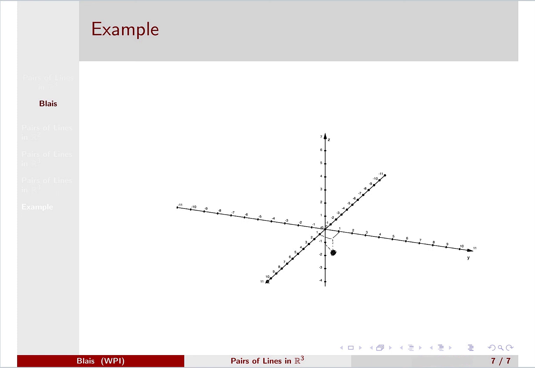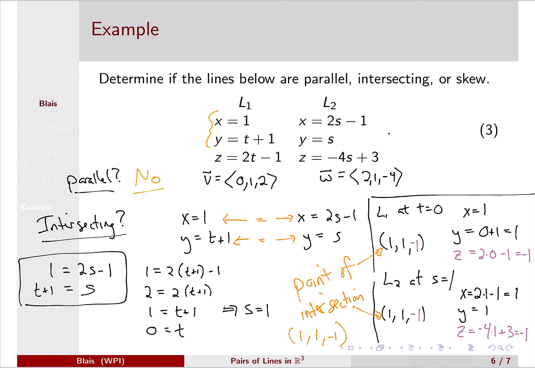And then let's just pick a point on each of the other lines. So say for L2, we are at time s equals 0. At time s equals 0, we would be at the point minus 1, 0, 3, just by plugging in s equals 0 here.